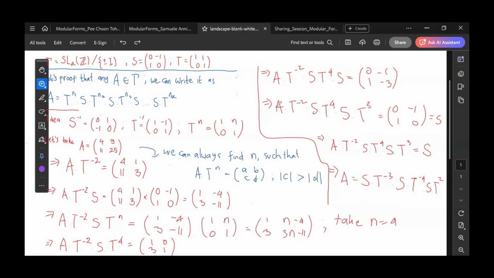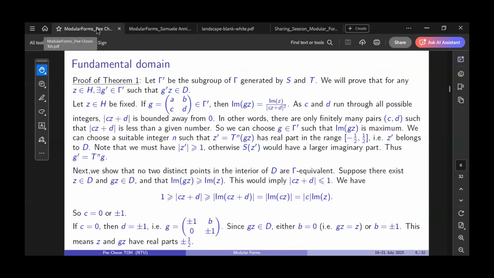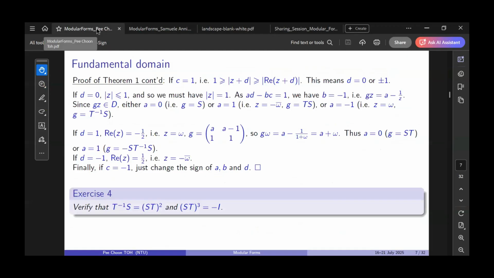This is very important to our next result. Go back here. So this is also quite interesting.